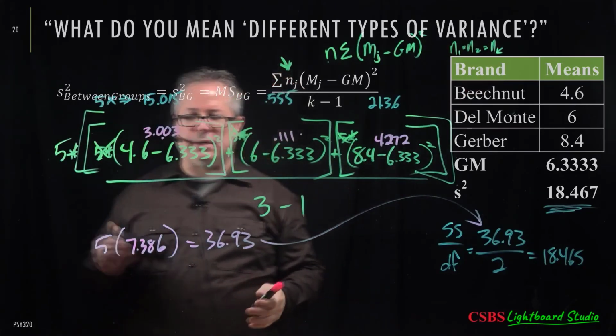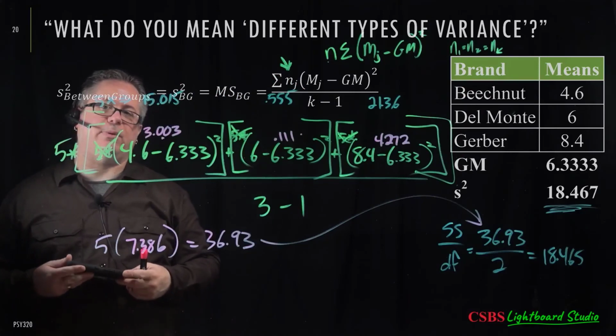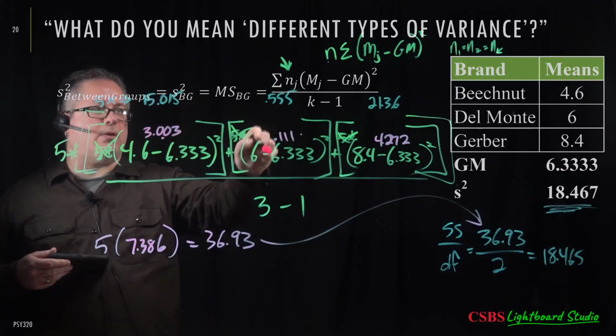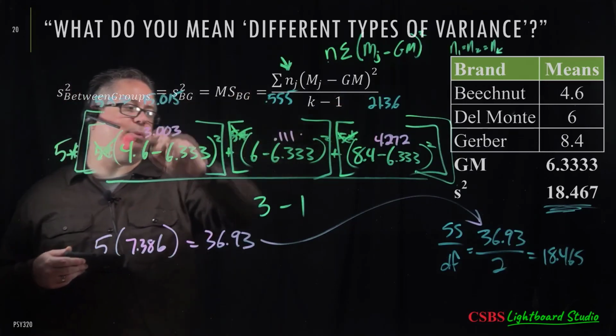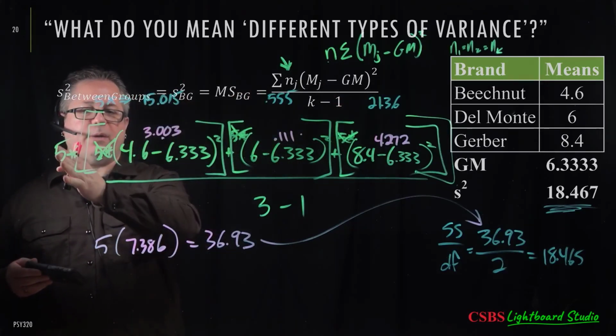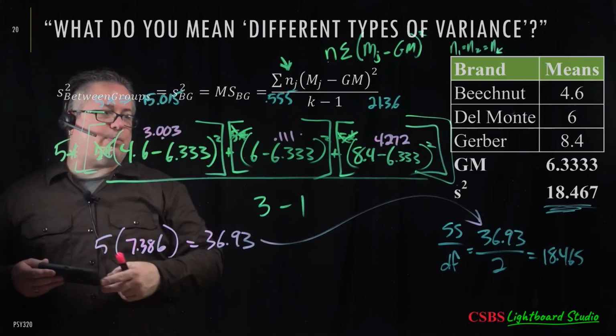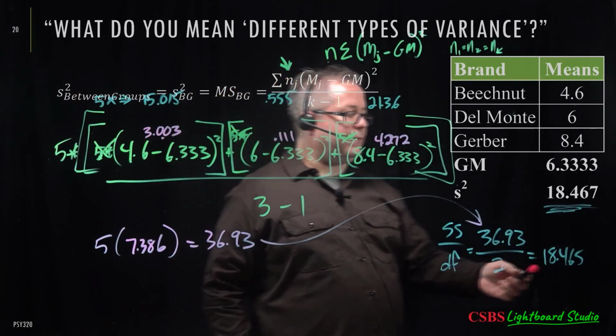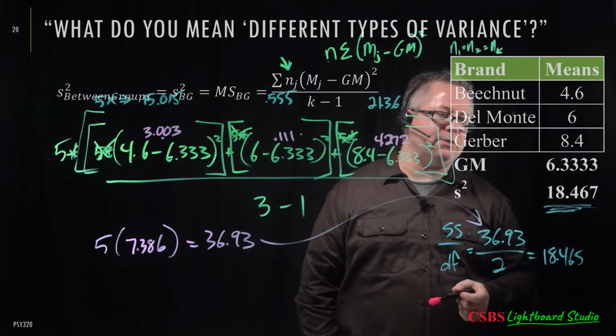We can do it either way. We have flexibility. If the n's were different, you'd have to multiply each one by the different n and then add them up. You'd have to do it in that order because there's no common n with which to multiply at the end.